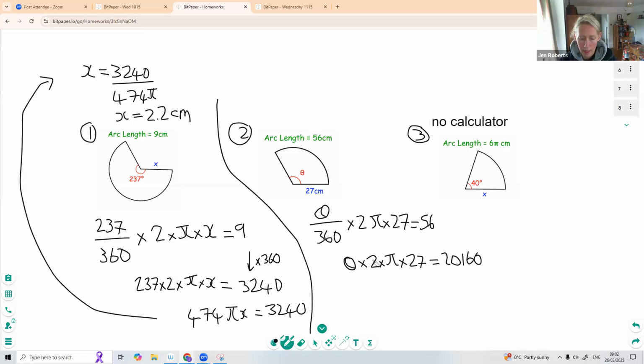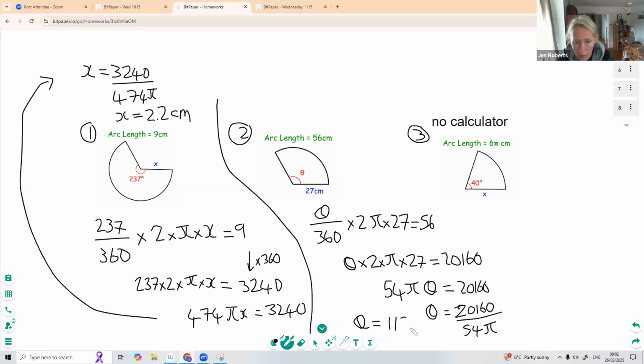Tidying the left-hand side, we get 54 pi theta. We're making theta the subject. We don't know what the angle is. So let's divide both sides by 54 pi. That gives you an angle of 118.8 degrees to 1 decimal place.